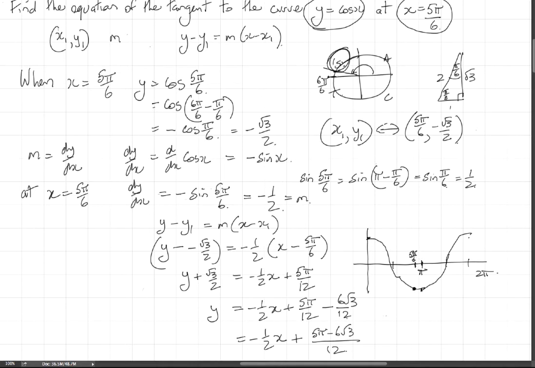If I drew the tangent to that point, there it is there. And so we have calculated the equation of that tangent drawn at that point. You can see certainly anything less than π, all the way up here, it's going to have a negative gradient. So negative a half x, if we calculate that, that would be where that would cut the y-axis. So quite difficult with the numbers, but the concepts are fairly straightforward.